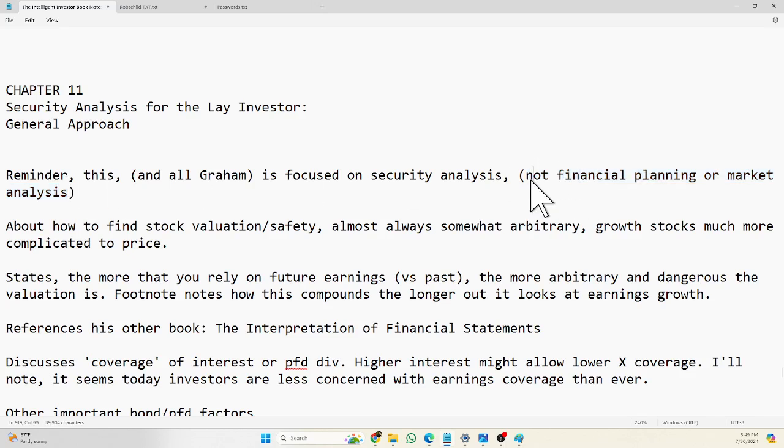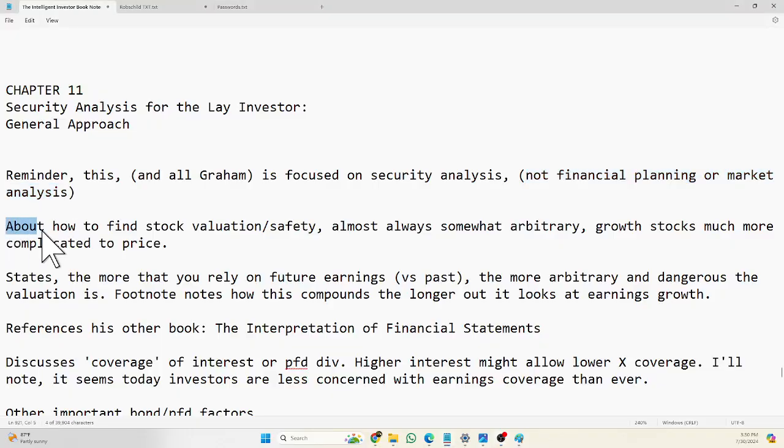He even says many times throughout his book how there are people that are great market analysts, and it's the most rewarding thing to be a great market analyst, but it's the hardest thing too, similar to being able to predict interest rates. It's the most rewarding and the most difficult, and that's not what we're doing here. We're trying to figure out how to analyze individual securities.